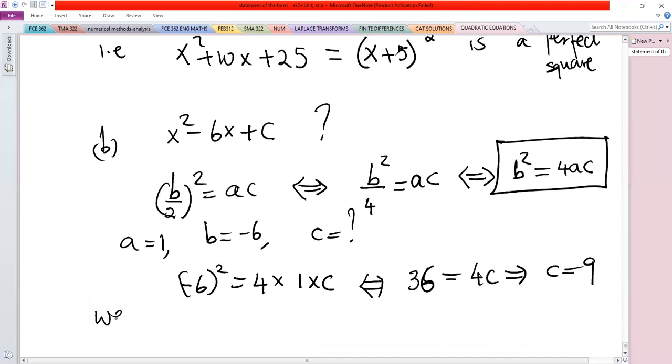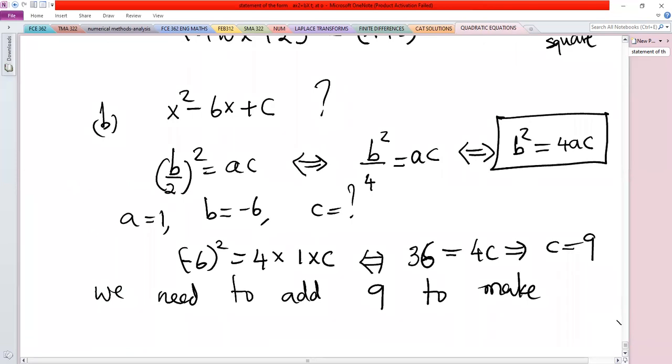So we need to add 9 to make x squared minus 6x a perfect square.